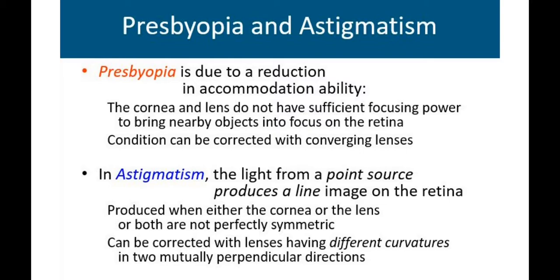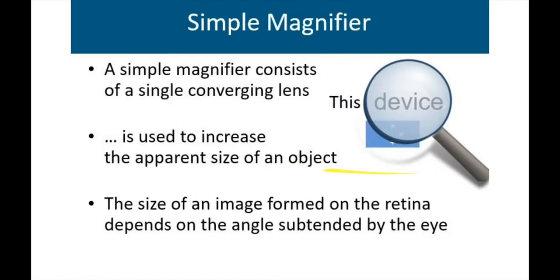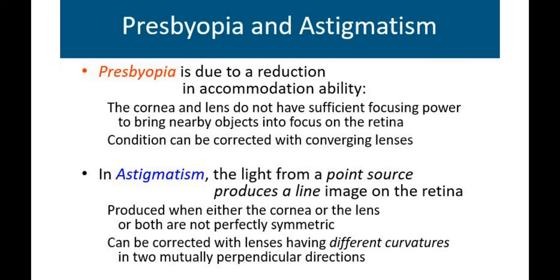Apart from these simple problems, there are more difficult ones, like presbyopia and astigmatism. Astigmatism is a little bit easier to understand. Sorry, I have no picture. It is when light from a point source is not focused to a point, but produces a line.